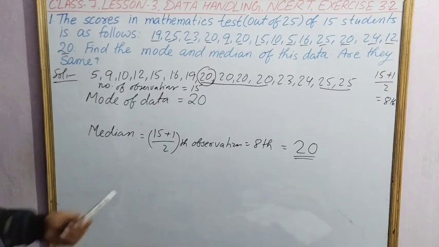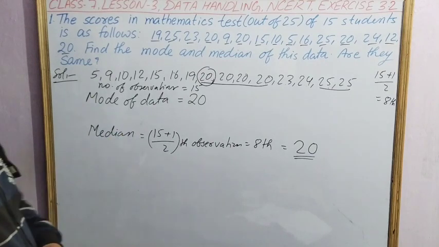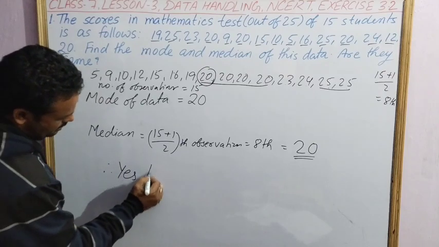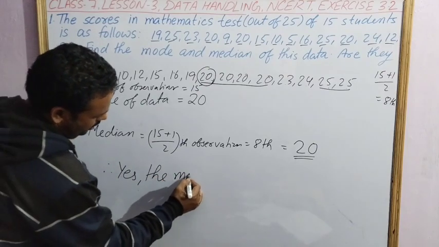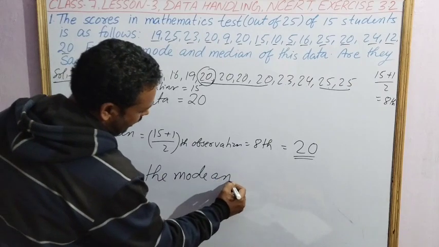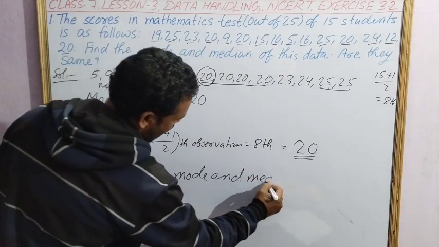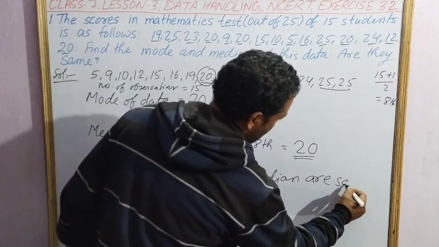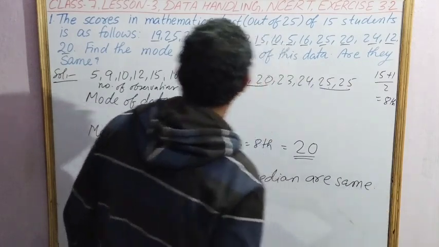We got the first part, mode, the second part, median, and the third part is: are they same? Yes, mode and median are same. Therefore we will write yes, the mode and median are same. No doubt, I think.